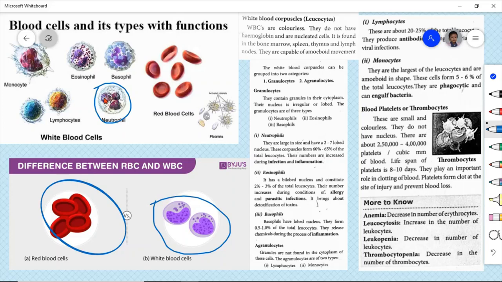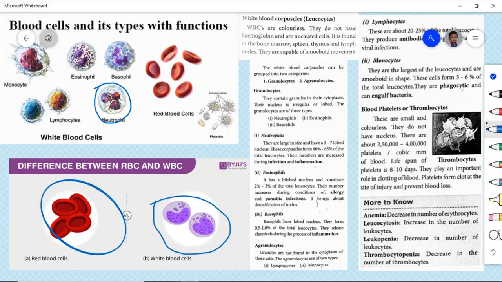Neutrophils are 60% to 65% of the total leukocytes. Of the total WBC, how many percent of neutrophils are present? 60 to 65%. Understood? During inflammation or infection, at that time only the neutrophil number will be increased.